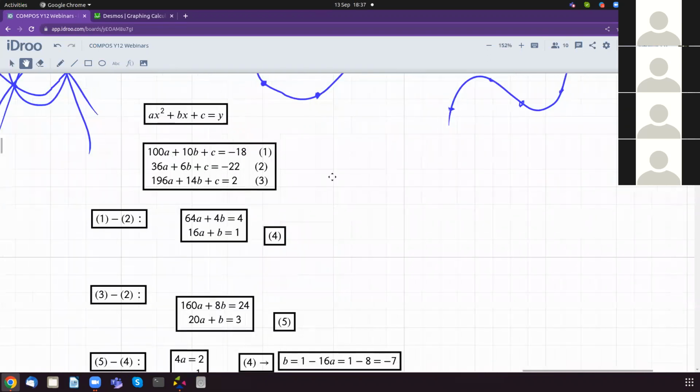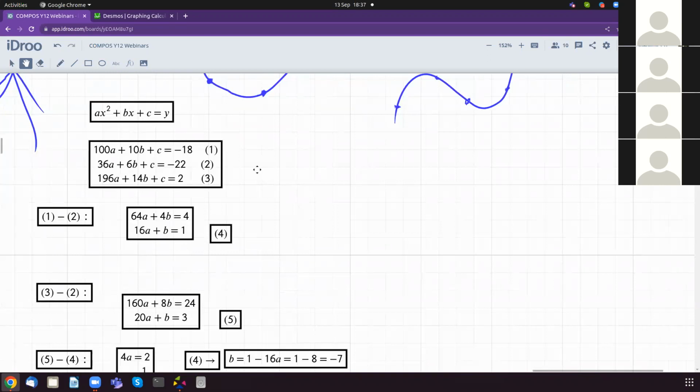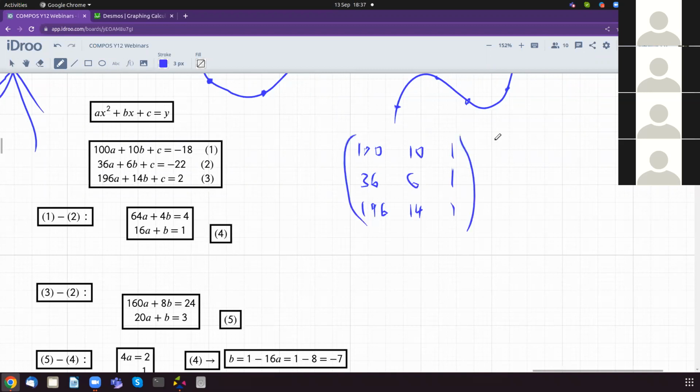You can use Cramer's rule here. I mean, with matrices, you can do 100, 10, 1; 36, 6, 1; 196, 14, 1, multiplied by x, y, z, equals minus 18, minus 22, 2. This is matrix notation. You're going to study matrices further on.